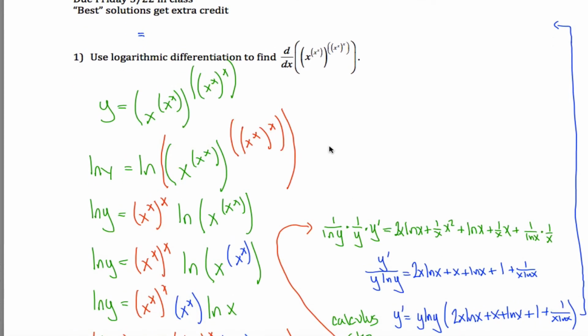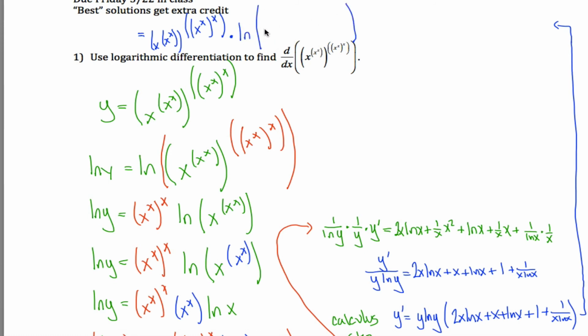this. Instead of y, I'll write this stuff. This stuff is x raised up to the x power. And that entire thing is raised up to x to the x raised up to the x. This right here is y. I want to multiply that by the natural log of y.